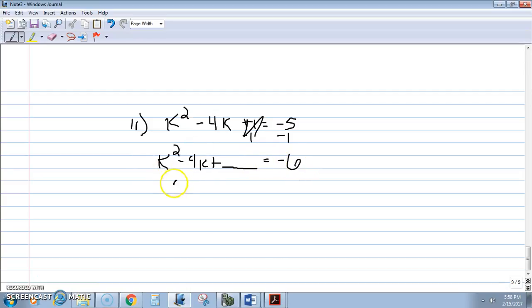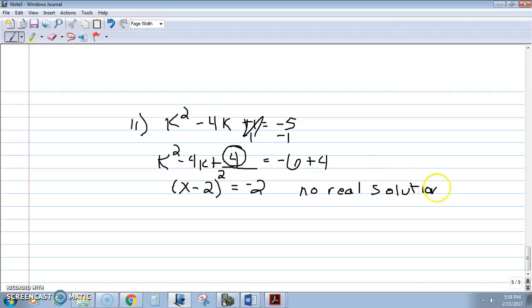Okay, half of negative 4 is negative 2. Negative 2 squared is positive 4. Remember, I have to know this number because I need to add it on this side. X minus 2 squared equals negative 2. Okay, I'm going to stop right now because I already know there's no real solutions. How do I know that, you ask? I know that because my next step would be to take the square root of both sides, right?